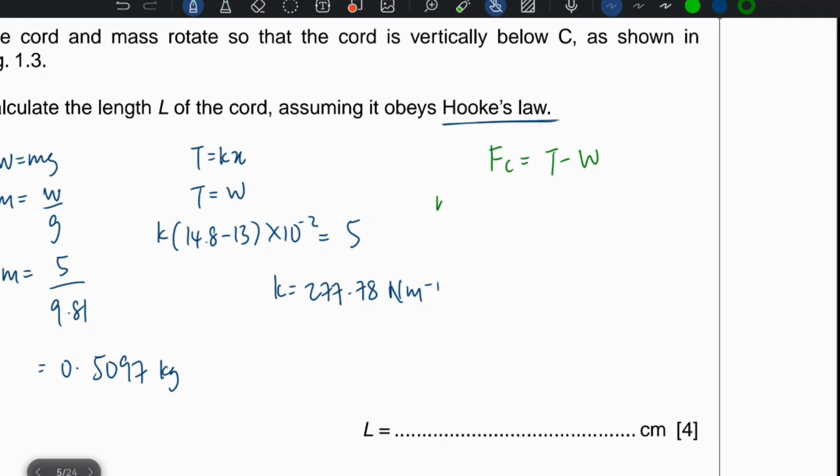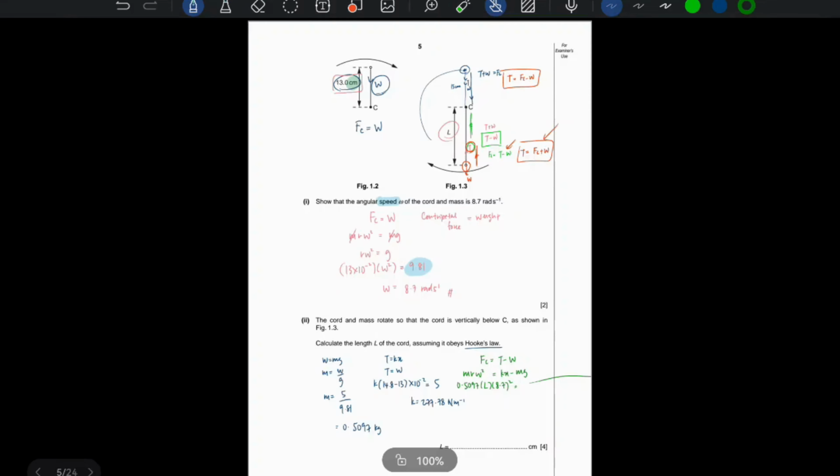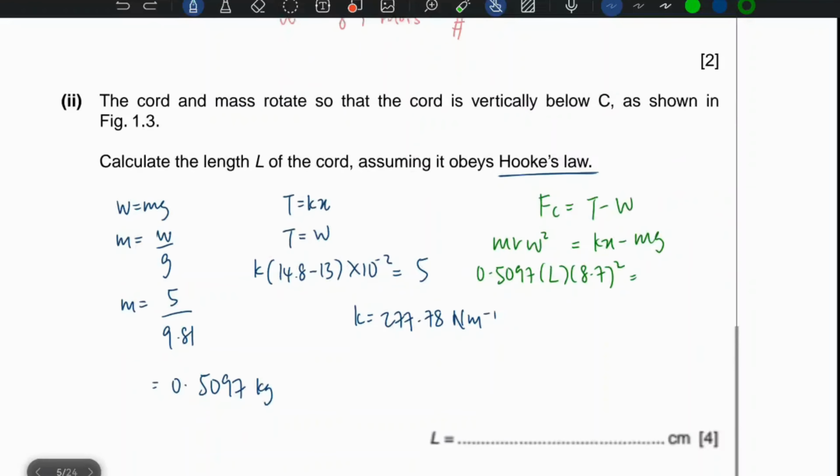Centripetal force, let's write the formula first so that we know what to sub in. M is 0.5097. Radius is your L. Omega square is 8.7 squared. Don't forget to square, okay? Always remember, don't forget to square.